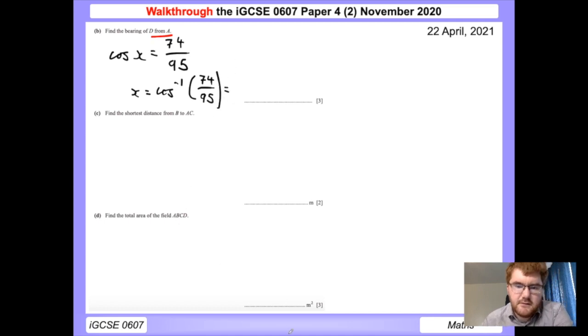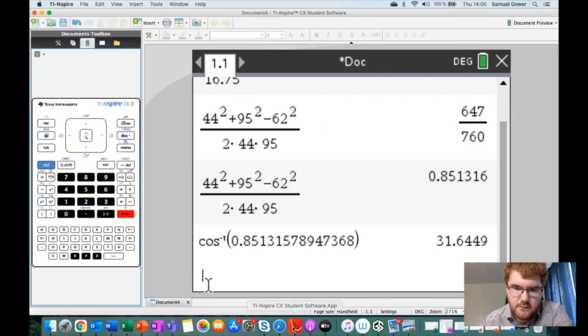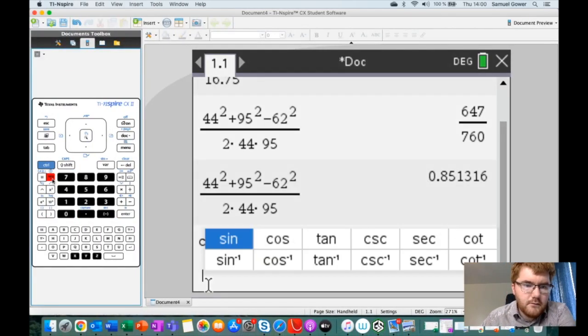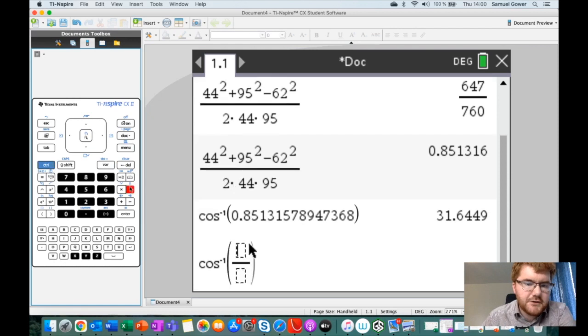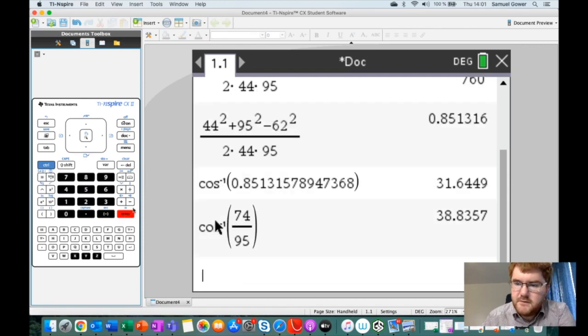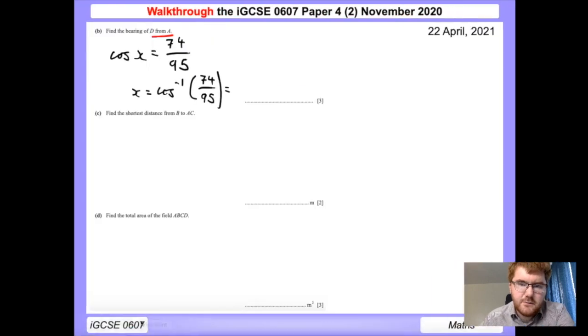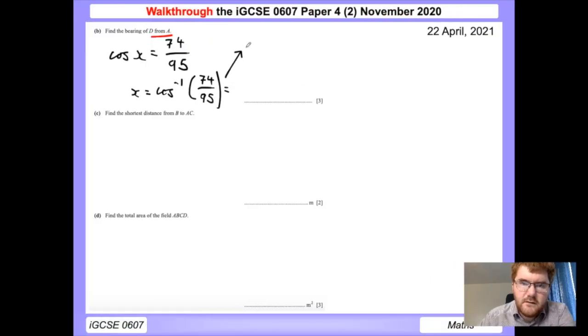And that's going to be equal to, let's check my calculator, cos inverse of fraction, 74 over 95, enter, we get 38.8357. This is worth writing down, the answer again, 38.83, dot, dot, dot.